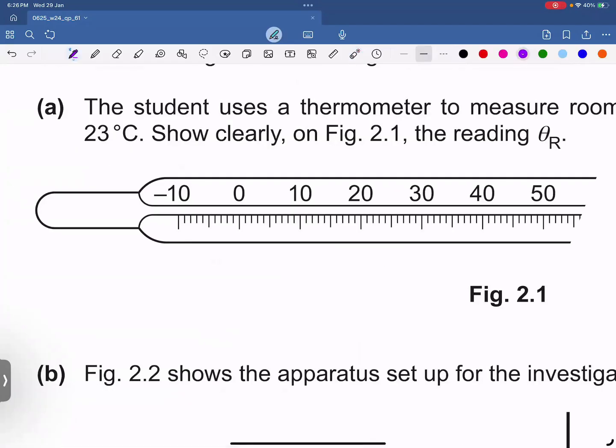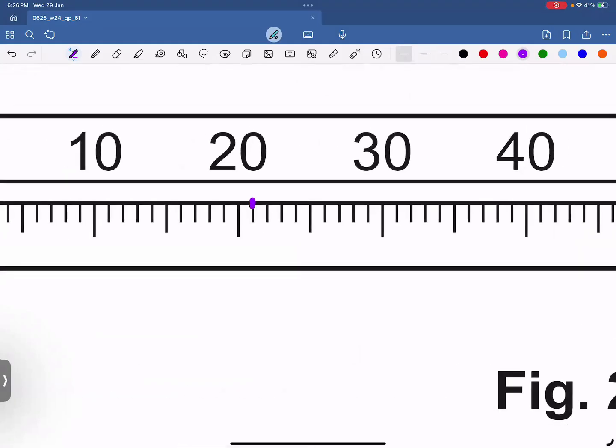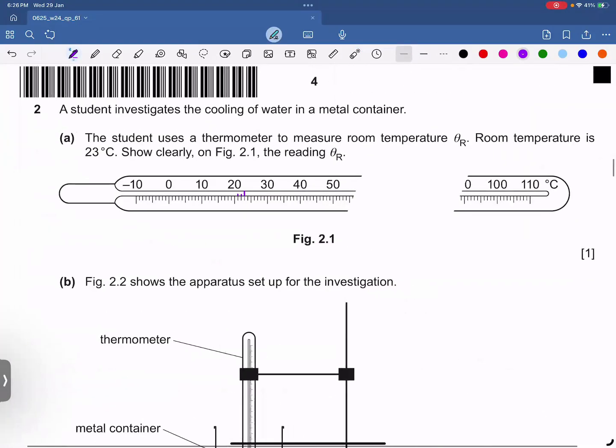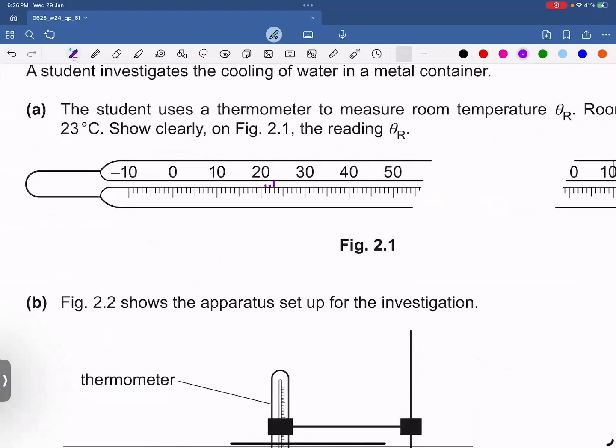We will shade up to that. Here is 20, 21, 22, 23. So this reading is 23. The question is to clearly show the reading, so you can go here like that. You can label 23 degrees Celsius.